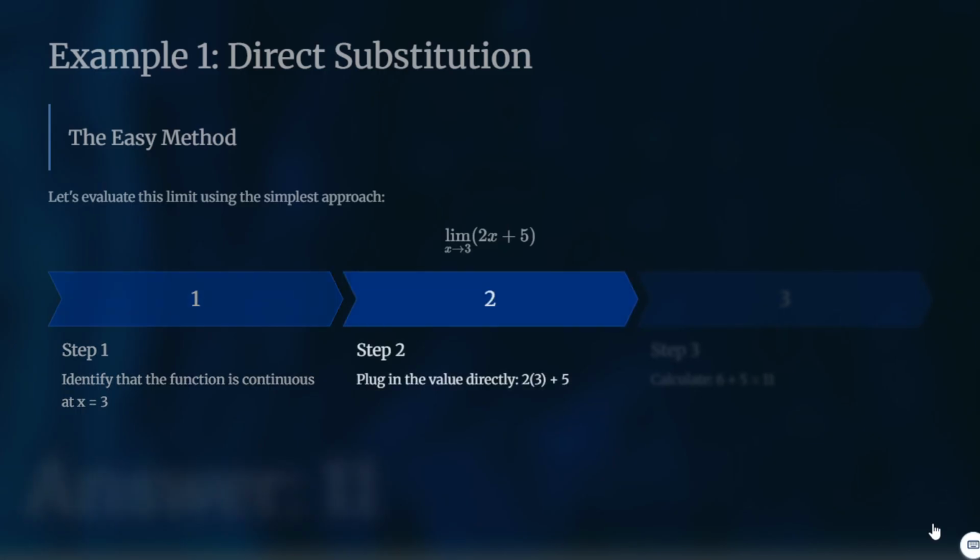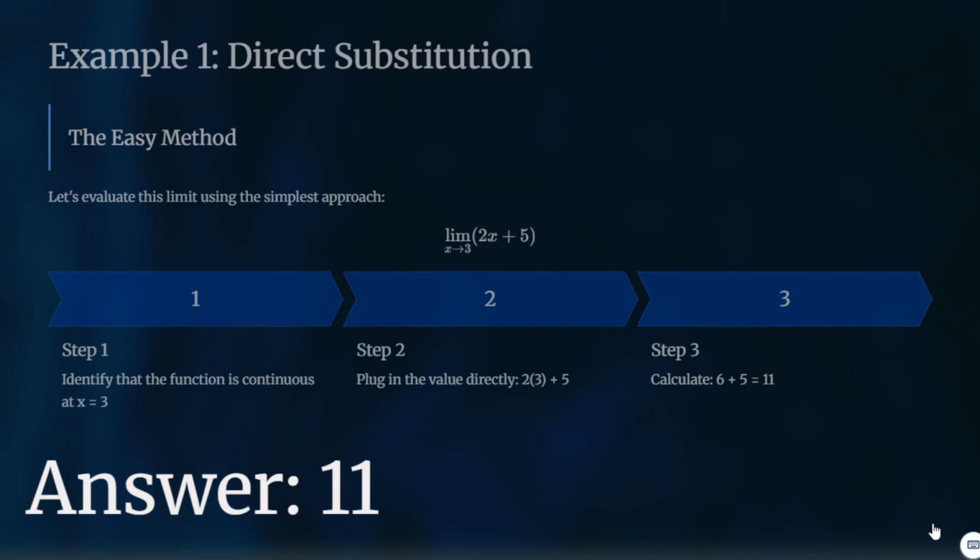So we can simply plug in the value directly. Replace x by 3 into our equation, so that will be 2 times 3 plus 5, which will be 6 plus 5 equals 11. Therefore, the limit as x approaches 3 of the function 2x plus 5 is 11.